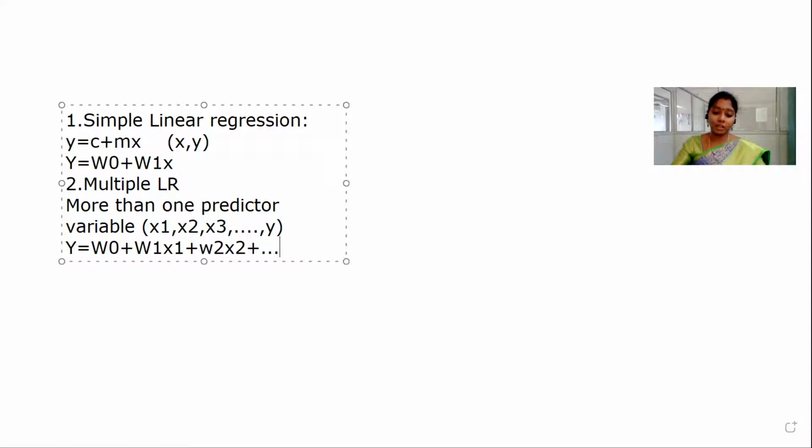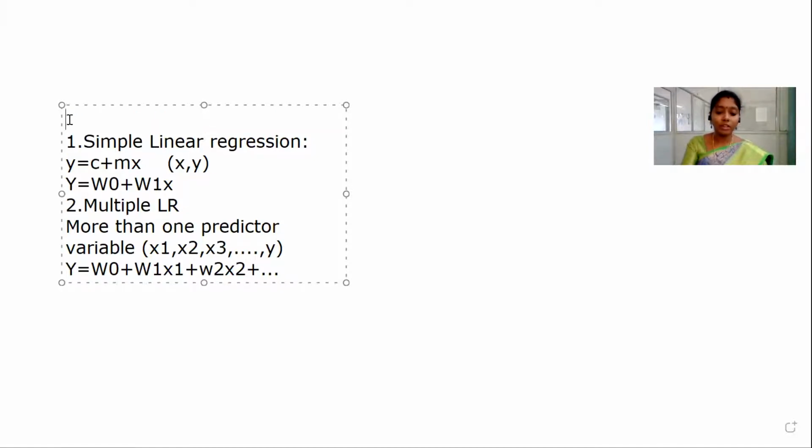So that is about multiple linear regression, and that is all about linear regression.